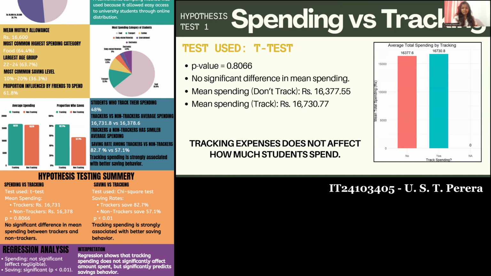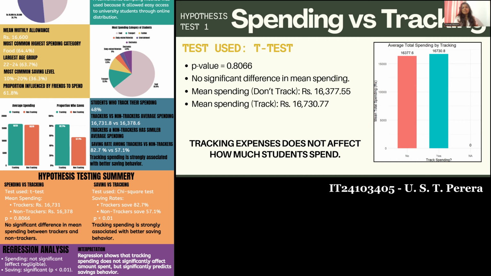The results showed mean spending of non-trackers 16,377 rupees and 55 cents, mean spending of trackers 16,730 rupees and 77 cents, and a p-value of 0.8066, which is far above the standard significance threshold.